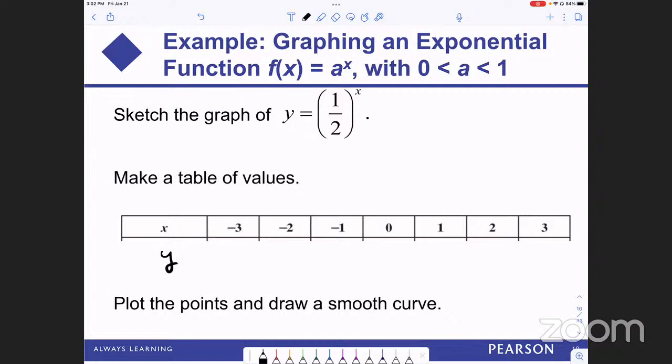A power to a power, you multiply, then the double negative becomes positive. So 2 cubed is 8. 2 squared is 4. Then 2 to the power of 1 is 2. Anything to the power of 0 is 1. And then we get a half, then a quarter, and then an eighth.